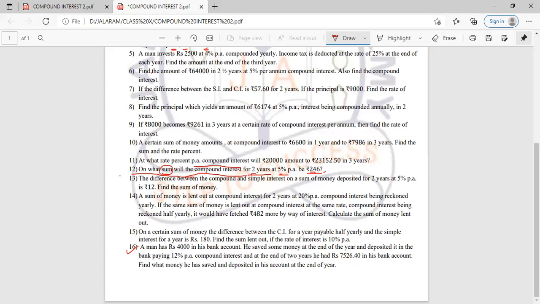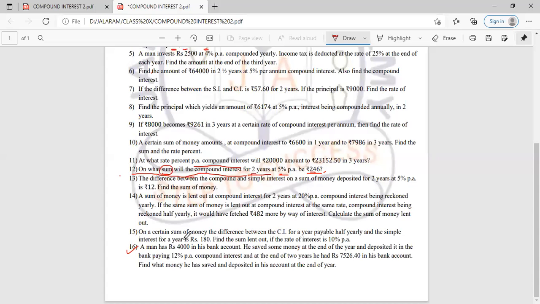So first of all, write all the information in your notebook. Compound interest equals rupees 246. Rate of interest is 5%.